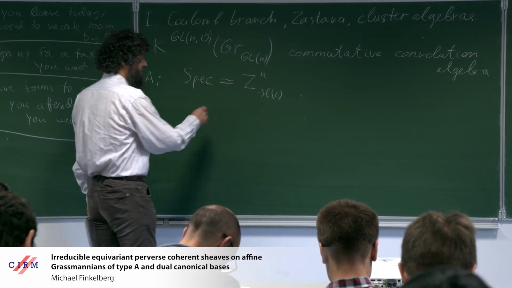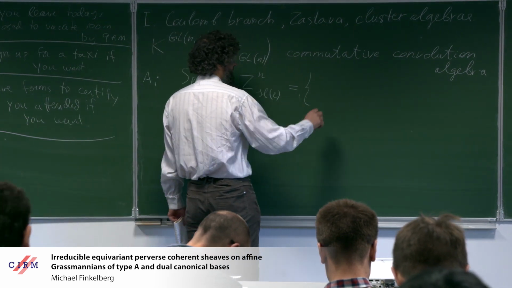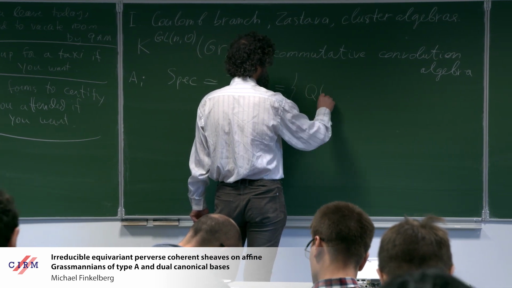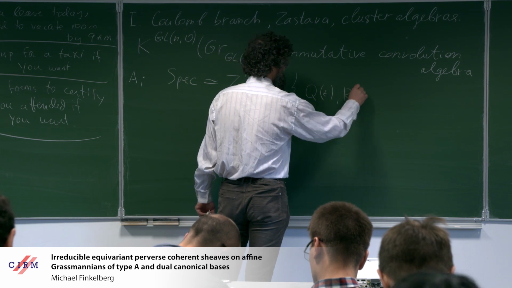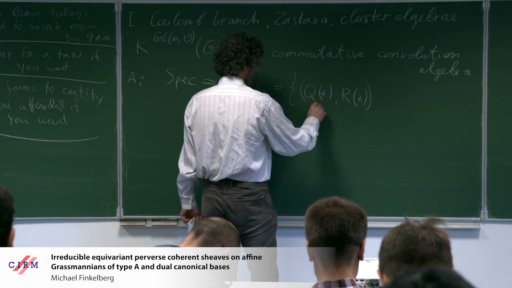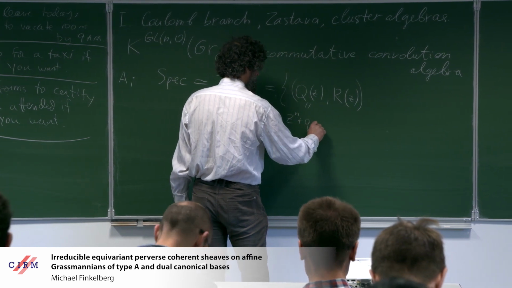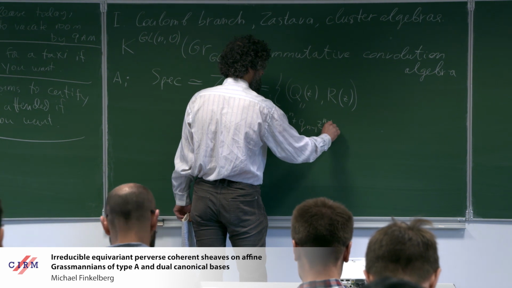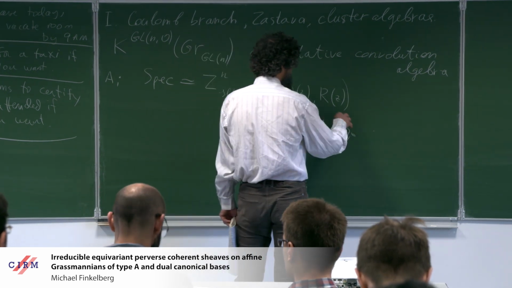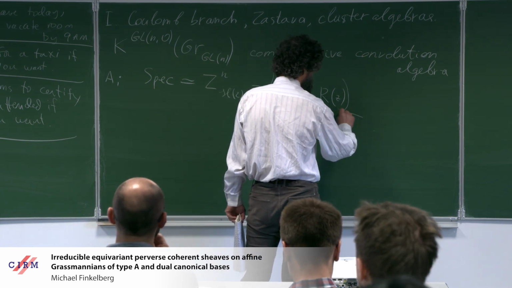And again, this is some fancy name, but in reality this is just the space of pairs of polynomials, Q of z and R of z. So Q of z is degree n polynomial, and R of z is a degree less than n polynomial.